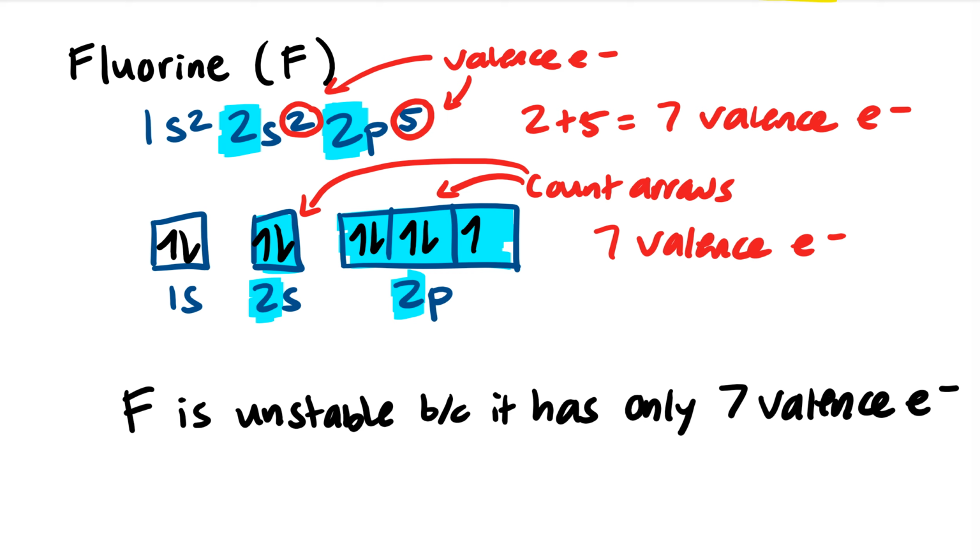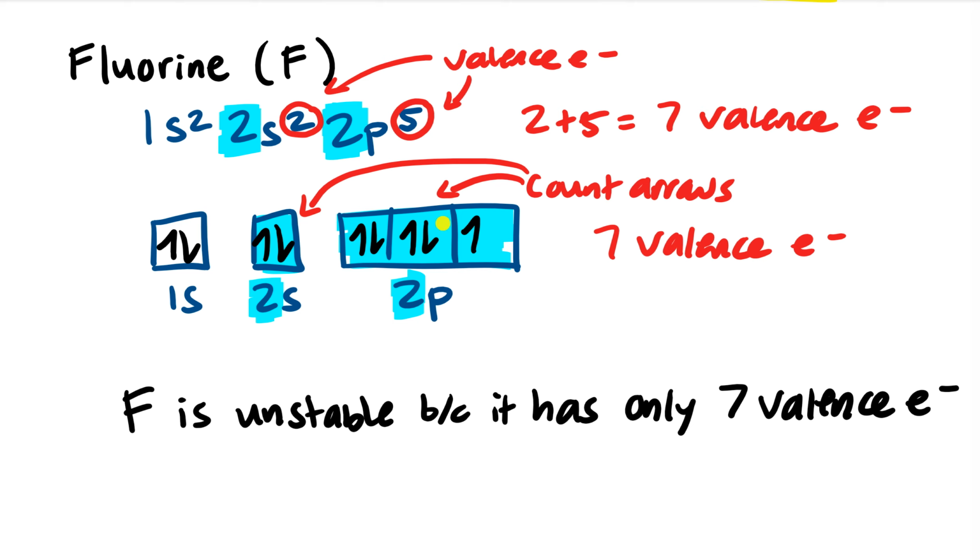And as we're going to see, when fluorine makes bonds, it typically is going to gain 1 more electron through a chemical reaction by making a chemical bond. And take a look at that orbital diagram. Why is it going to gain 1 more electron by reacting chemically with another atom?